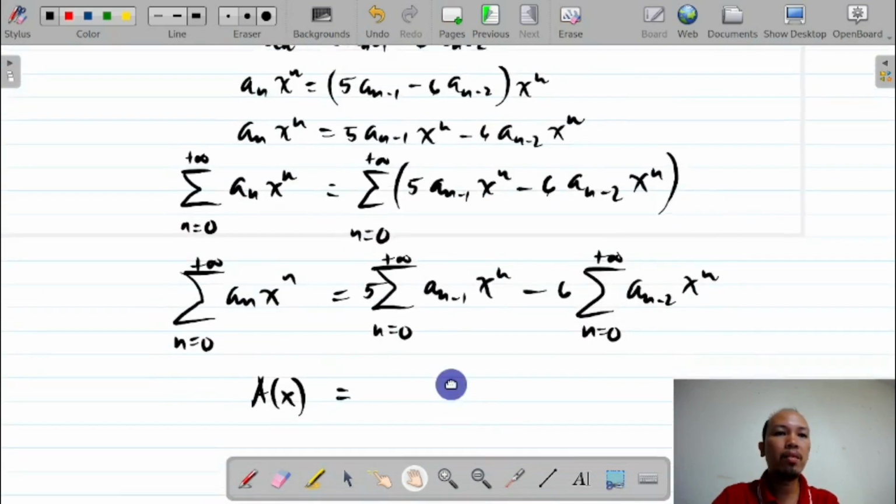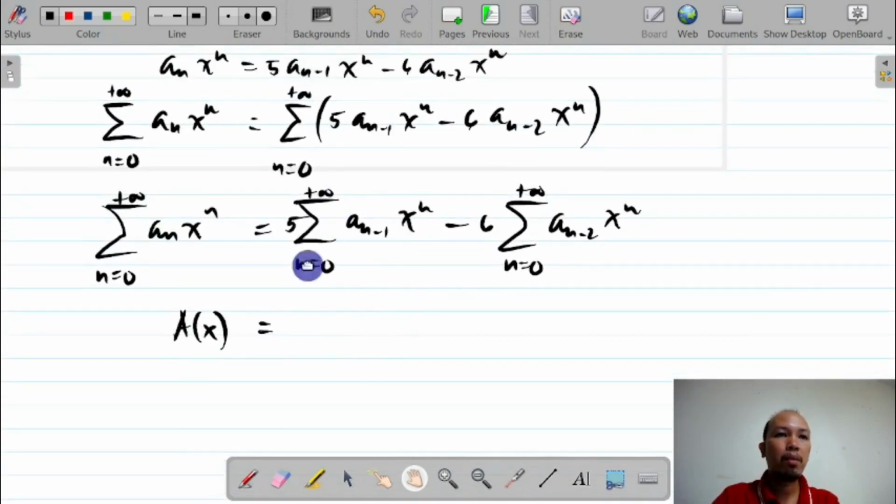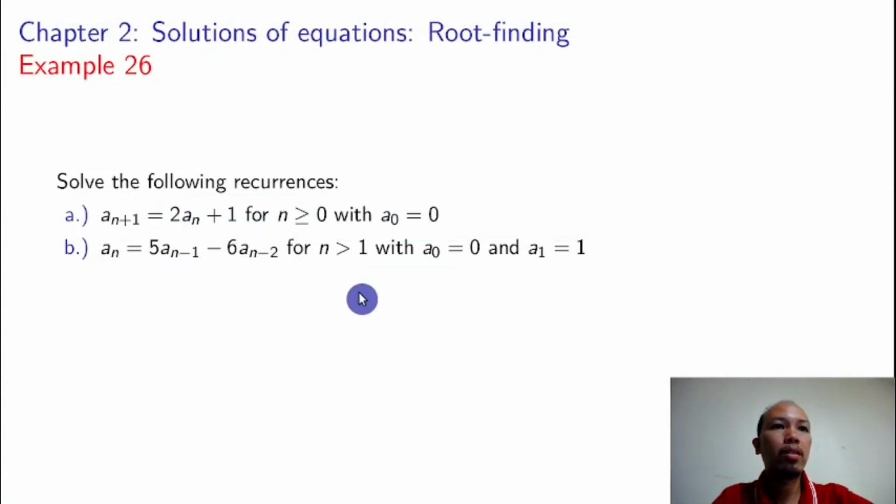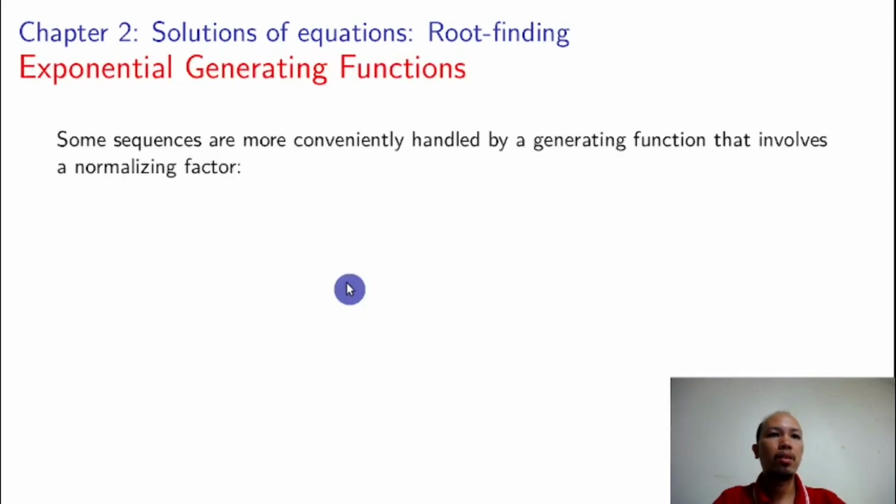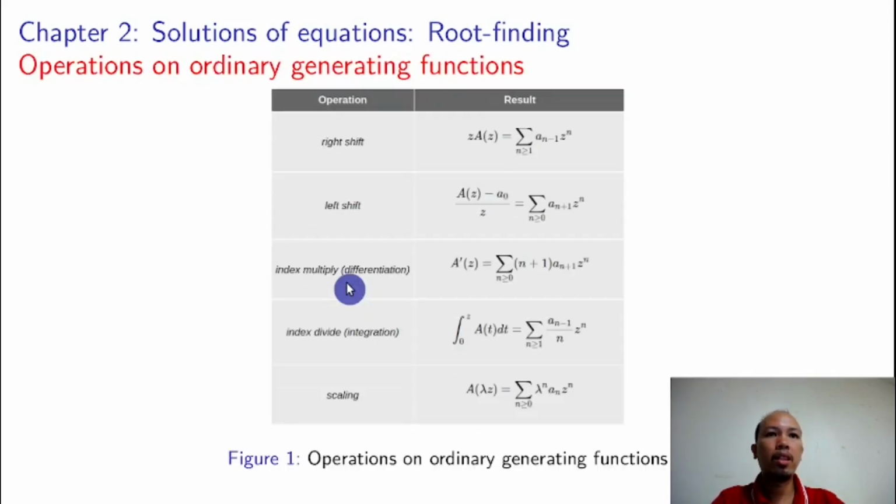I guess they are the same, this one here, but we have here a shift. Okay, we have here a shift from left or right. Let's go back to our ordinary, this one here, right shift, a sub n minus 1, n starts from 1 here. Okay, this is from 1.